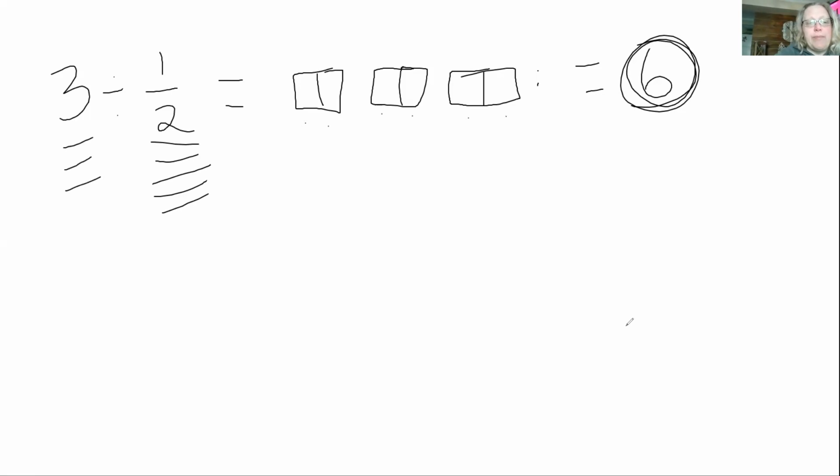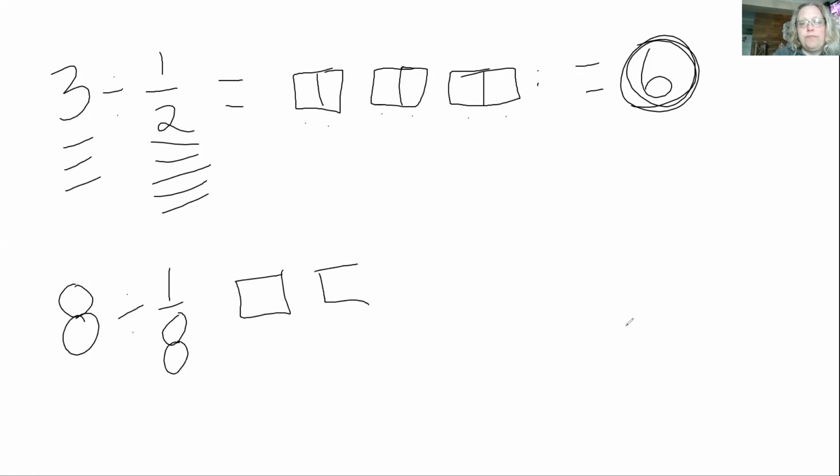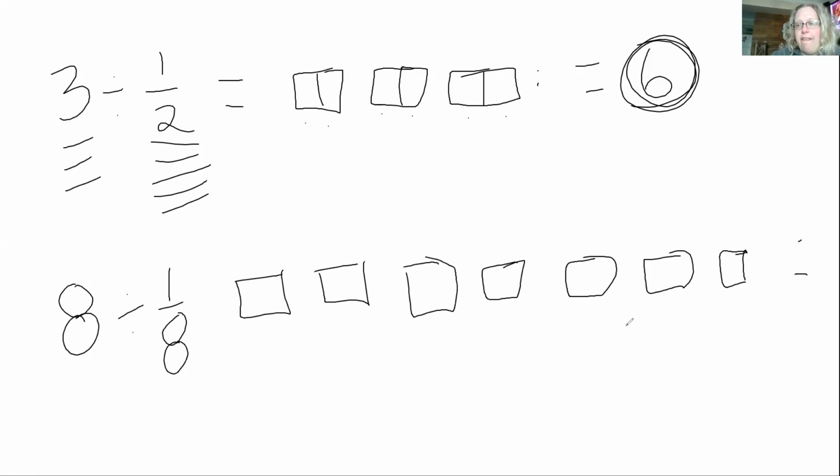So if we took another example, let's say we were doing 8 divided by 1/8, let's say. So again, imagine you had your 8 rectangles. And if you were imagining to divide these into eighths, well, you know you're going to have 8 pieces here, 8 pieces here, 8 pieces in each one.